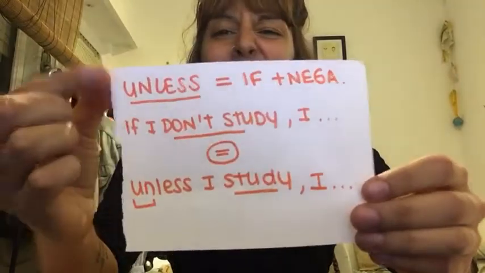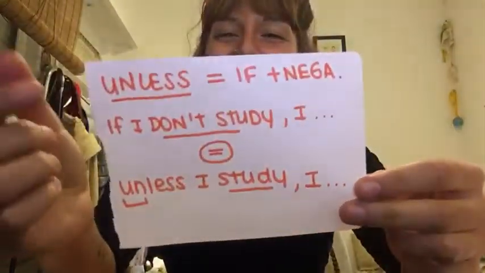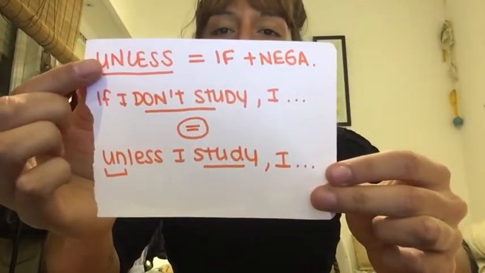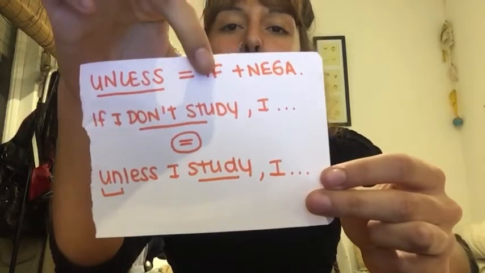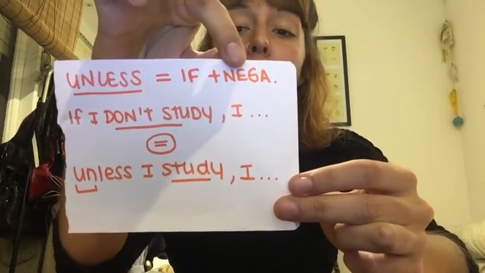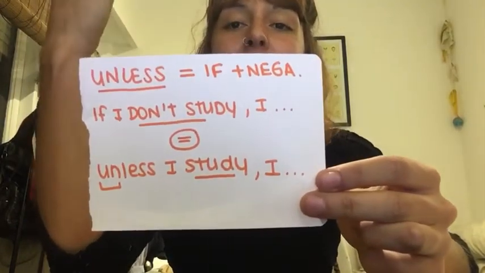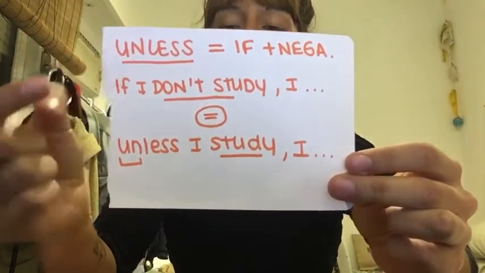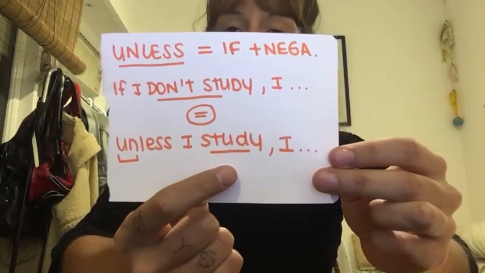So this word is already negative in itself. It's just a negative word, okay? It's not positive. So unless is the same thing as saying if plus a verb in the negative form. So it is the same to say if I don't study than to say unless I study.